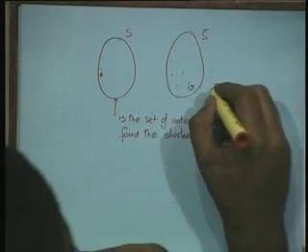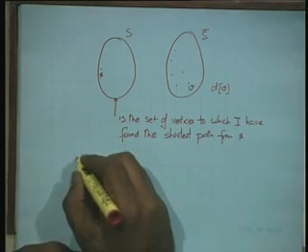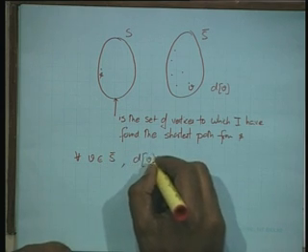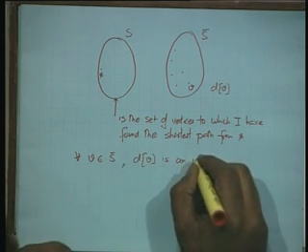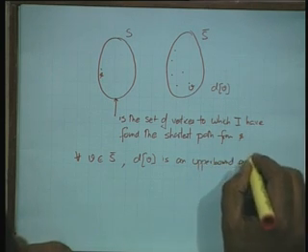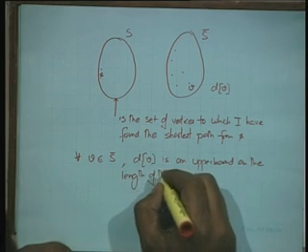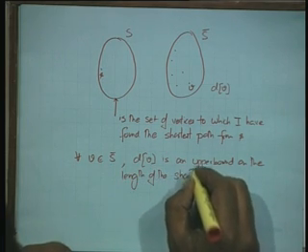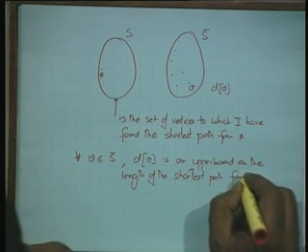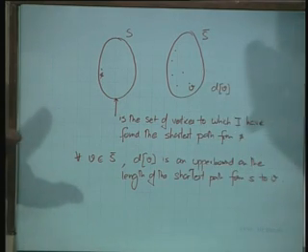So, if this is a vertex v, let me write down: for all v in S complement, d of v is an upper bound on the length of the shortest path from S to V. You understand what I mean by upper bound, right?